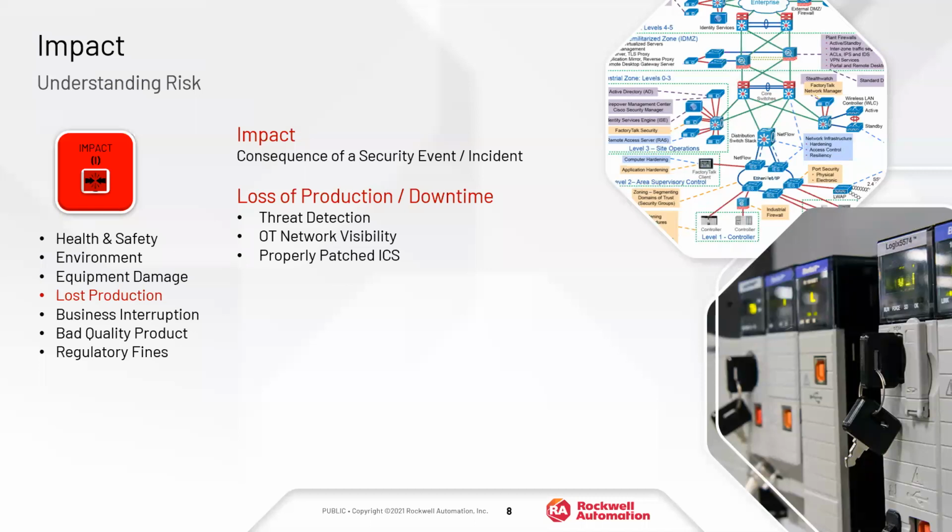So the main example that we're going to look at here is kind of the easier one that we would tie in, which is loss of production or downtime. One of the countermeasures is, if we look at maybe a typical plant PX or process control system, we focus on descriptive analytics.